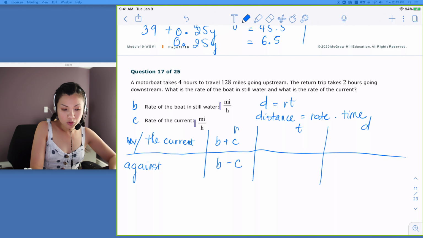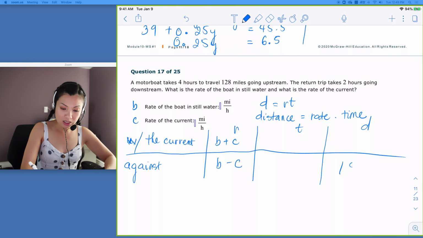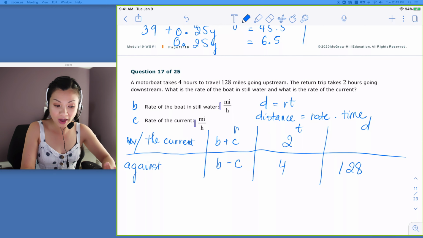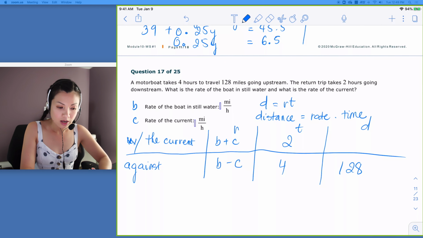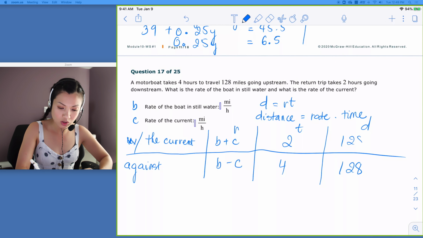A motorboat takes 4 hours to travel 128 miles going upstream. So D for against the current is going to be 128, and the time is going to be 4. Return is going to take 2 hours faster when you go with the current, downstream. Because you go the same distance, it's going to be 128.